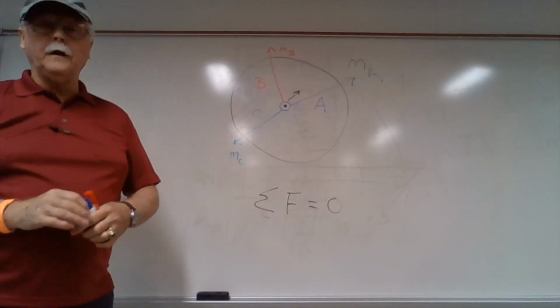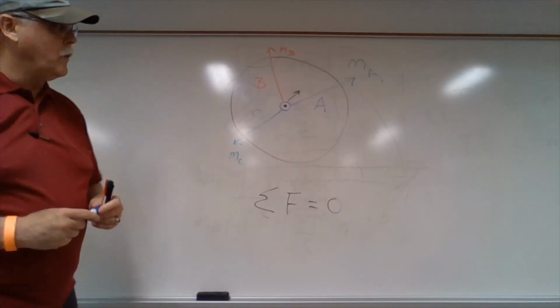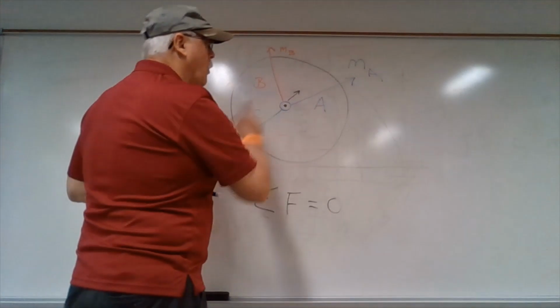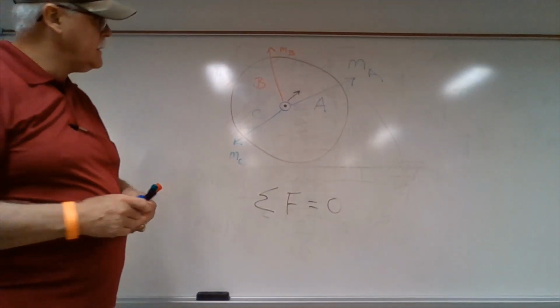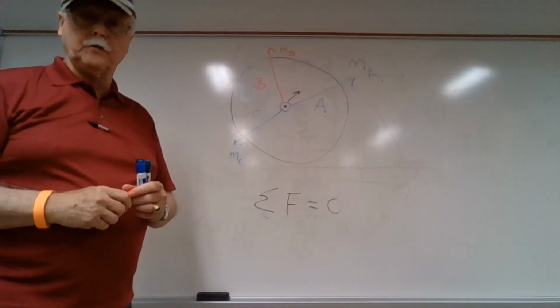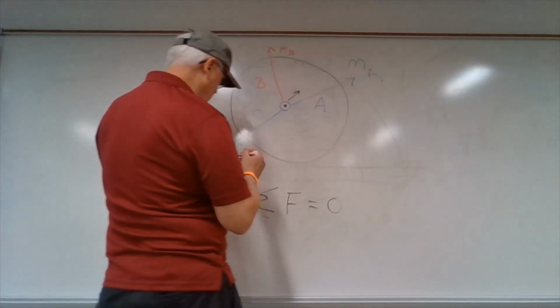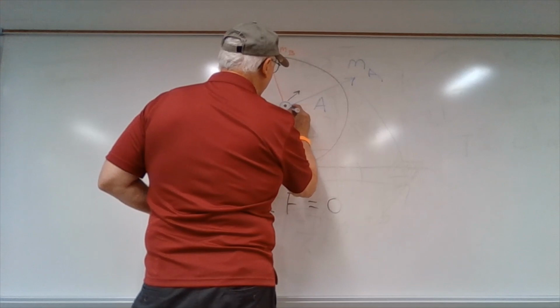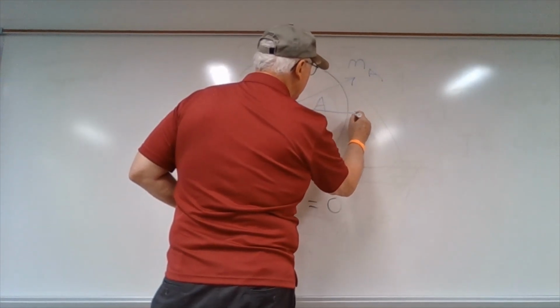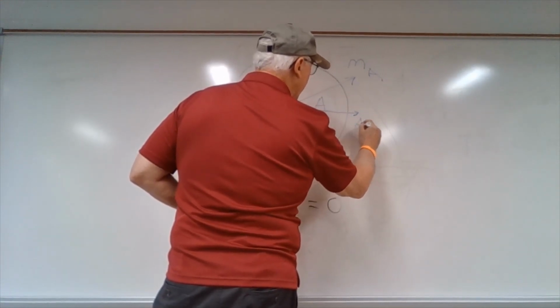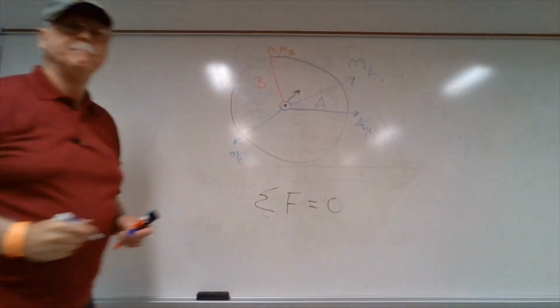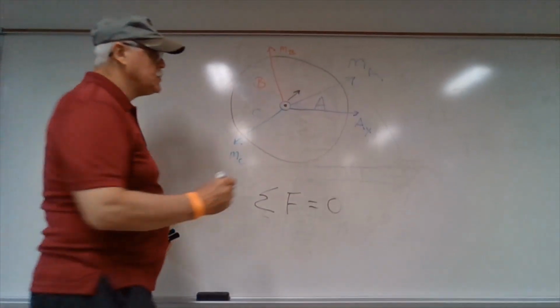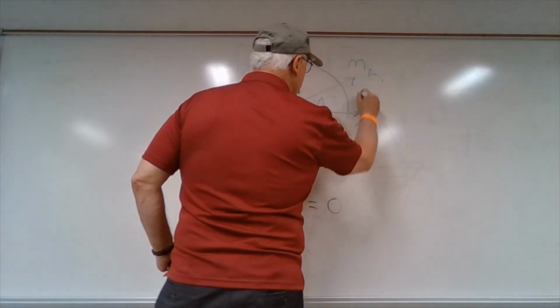Now, let's do one other thing here before we go any further. We're going to break A and B into components. So A, which is the blue vector, should have an X component that looks like that. We'll call that A of X. And it should have a Y component that looks like that.